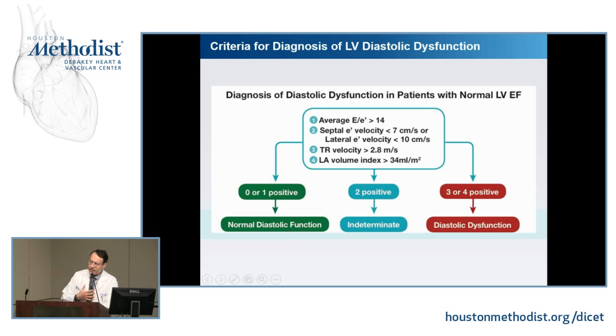Clearly, as I acquire the signals, I want to get all of these signals, so I minimize the indeterminate call because I don't have a TR jet, or because I foreshortened the LA and now the LA does not look like it was correctly acquired. I want to get good tissue Doppler velocities so they can be used, and so on.